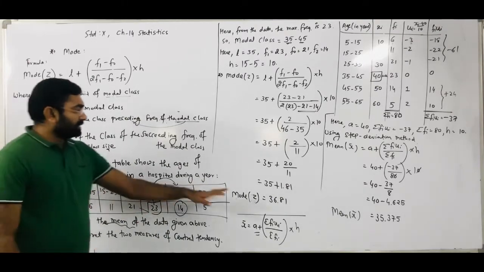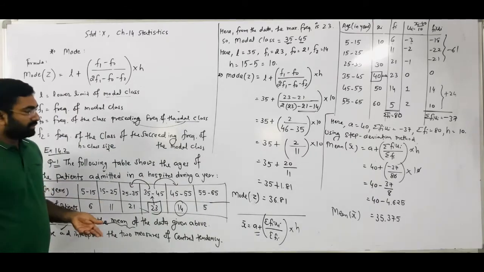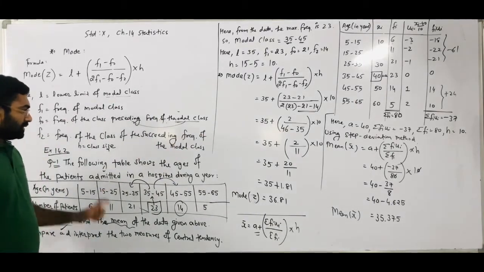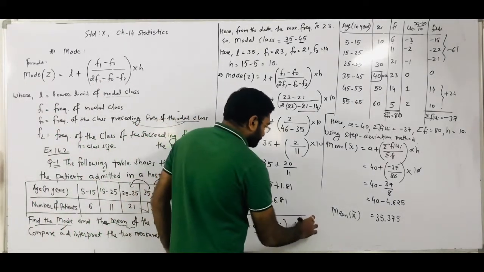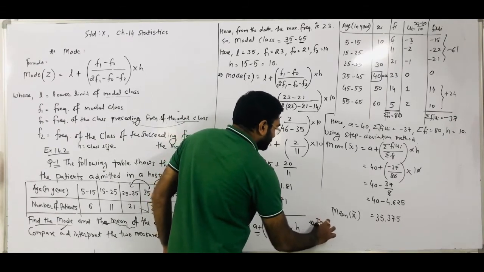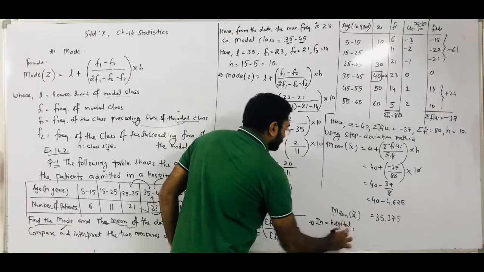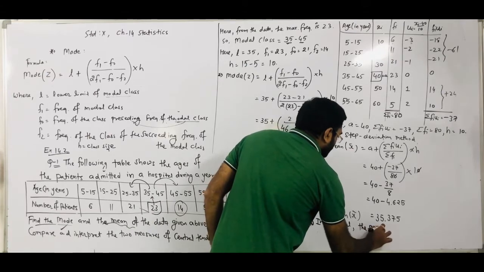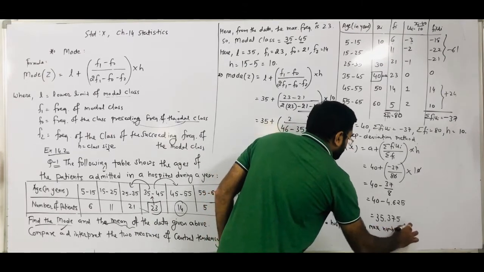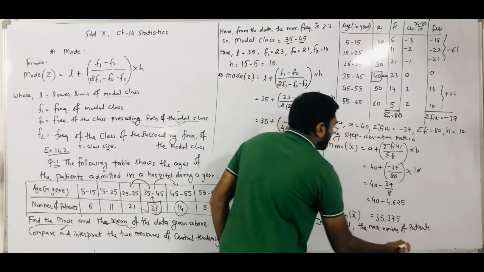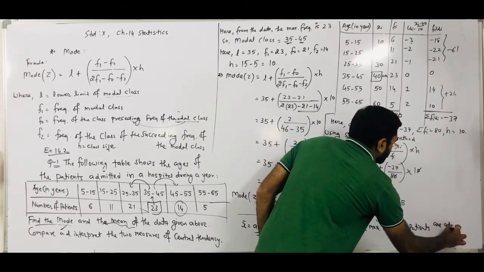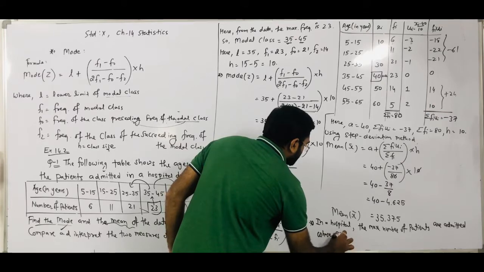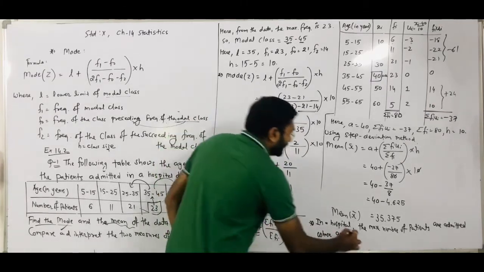We have to define mode means that the maximum number of patients whose age is 36.81 year are admitted in a hospital, right?